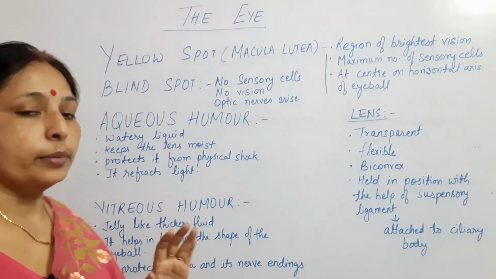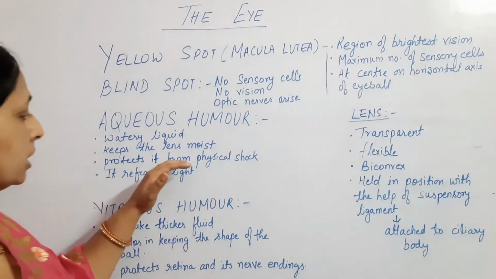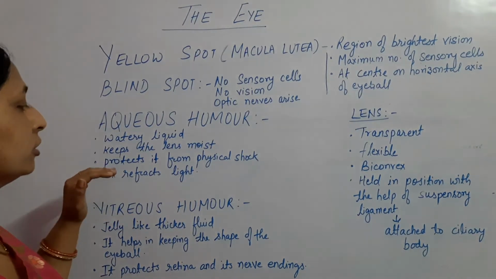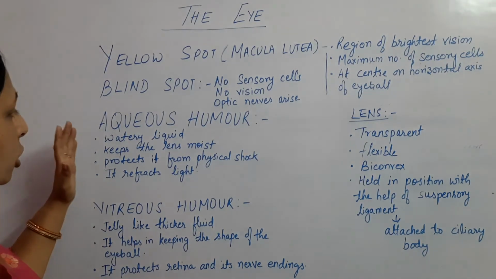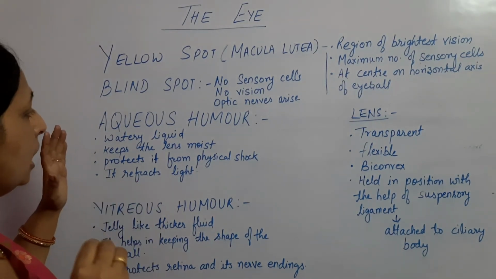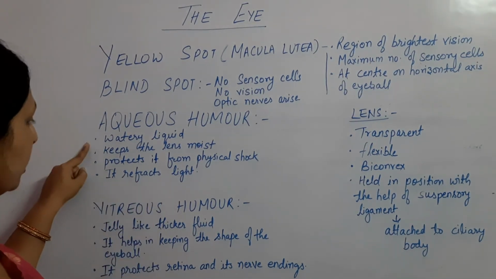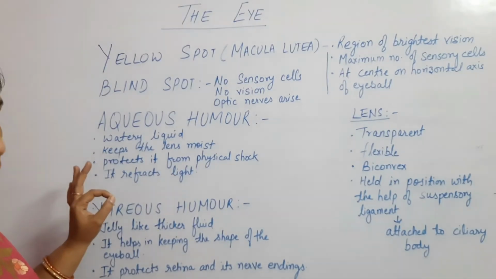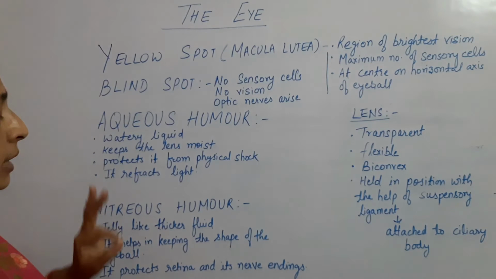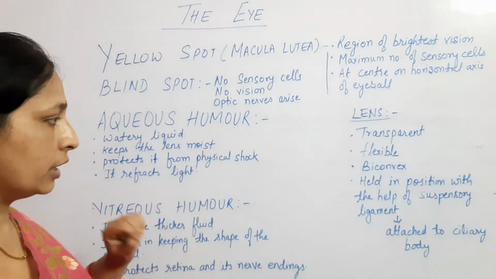It also protects the lens from physical shock. It helps in refraction of light. So these are the functions of aqueous humor, the fluid inside the aqueous chamber: keeping the lens moist, protection from physical shock, and refraction of light.